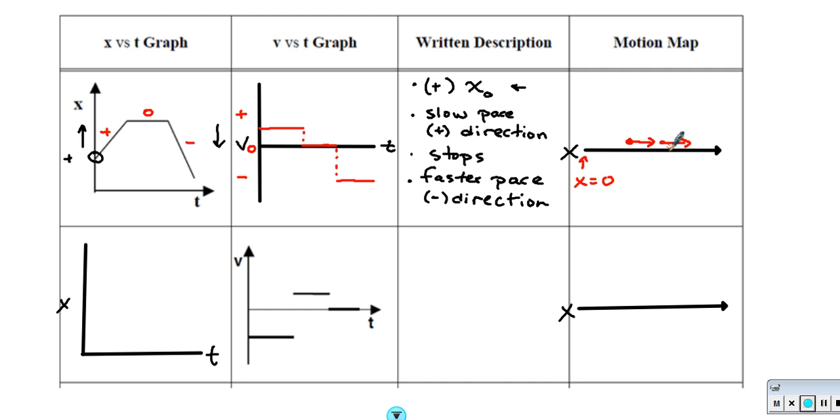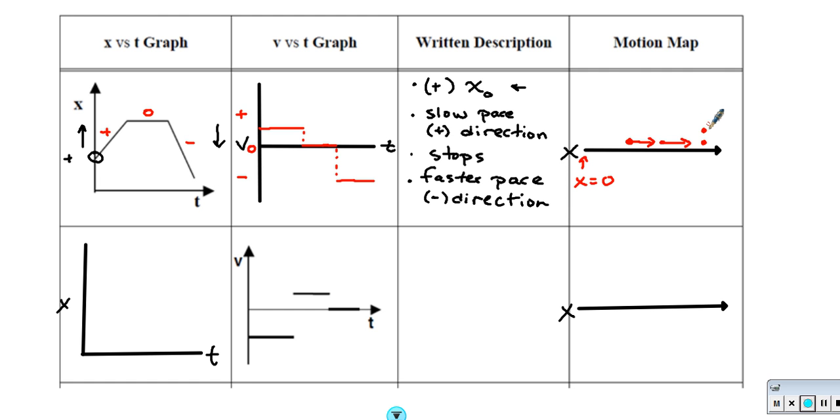Then to show that it was stopped, we have a few dots that represent some moments in time that have passed where the object remains at this location away from the origin. So time keeps ticking on, and we don't want to overlap the dots, so the convention is to start close to the axis, the x-axis here, and then stack away.